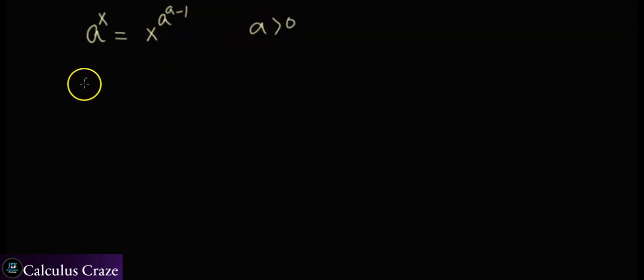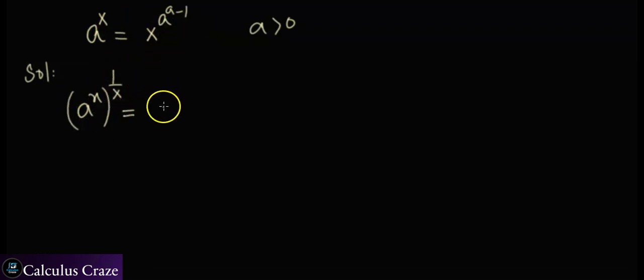So let's start. At the first step, I will take 1 over x as a power on both sides. So a raised to the power x, I'll take 1 over x as a power on this side, and I will take 1 over x as a power on this side.